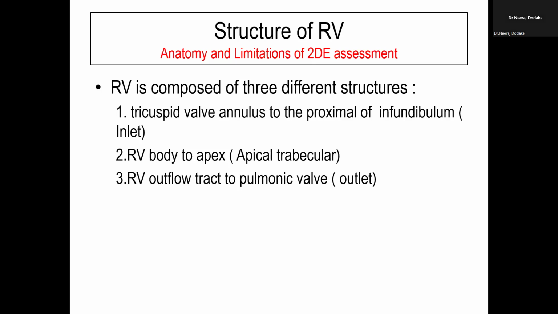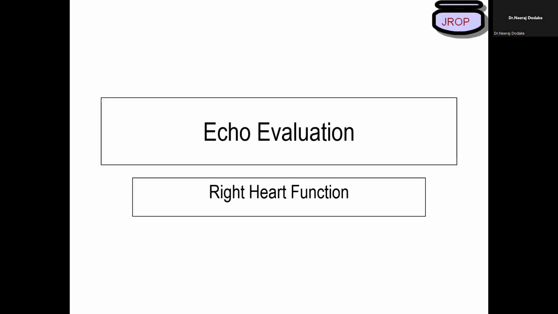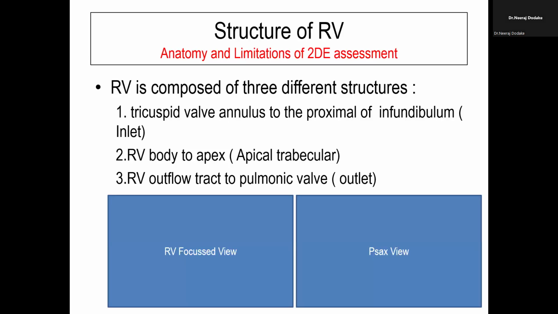So it's a sickle-shaped structure which forms the RV. We cannot evaluate these structures in one go. I'm going to show you a couple of images in time to come. So we need an RV-focused view as well as a parasternal short axis view to look at the inlet as well as the outlet part along with the trabecular portion.